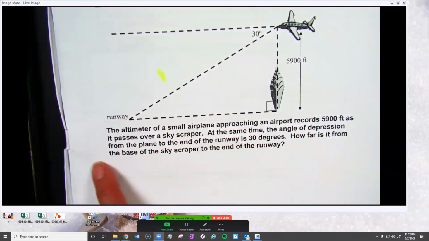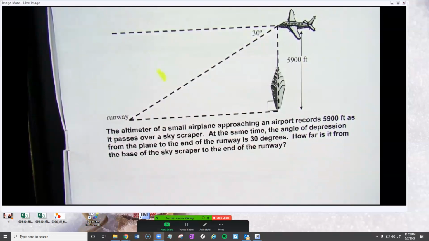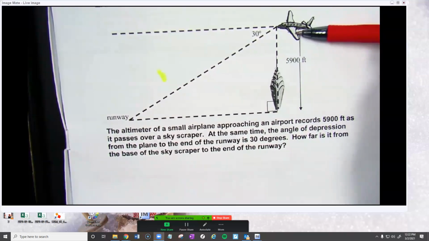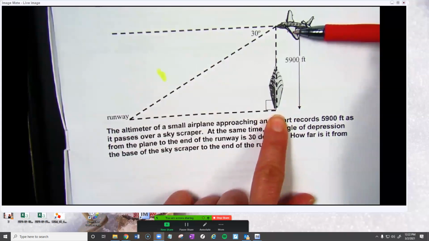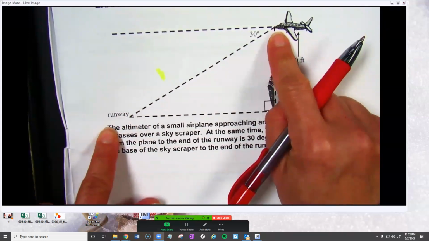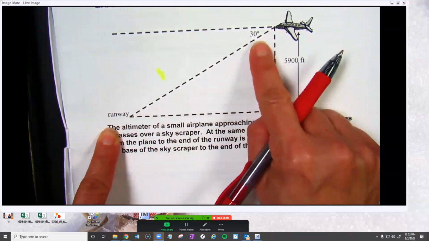How far is it from the base of the skyscraper to the end of the runway? All right, so we know that the airplane is 5,900 feet above the ground. And we also know that the angle of depression for this plane to reach the runway is 30 degrees.